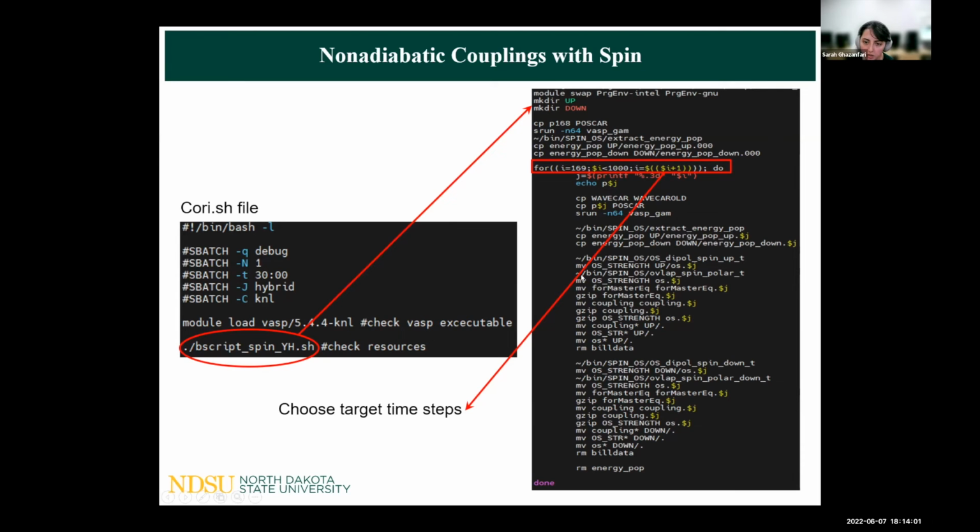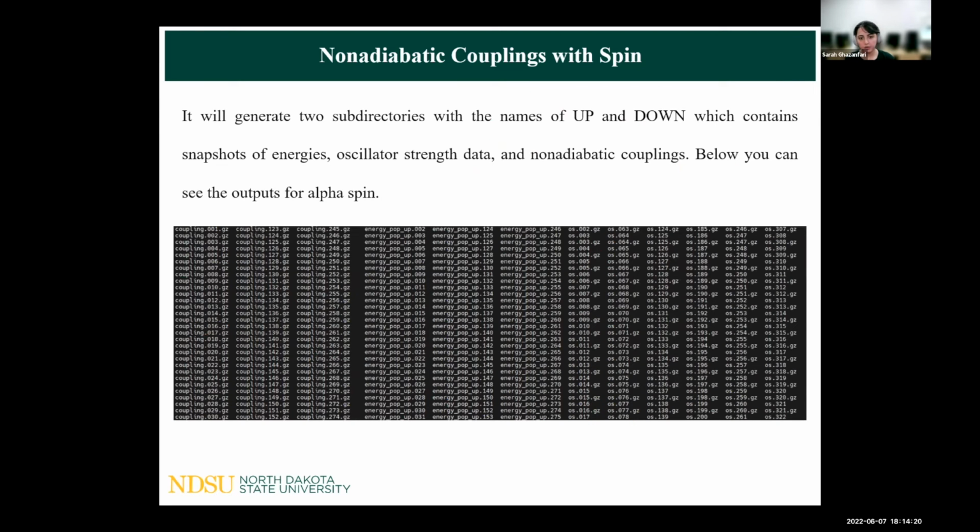The top part is for the spin up and this part is for the spin down. So it automatically extracts the energy pop files for the spin up and spin down, and does the calculations for each spin component. If everything goes well, you can see the coupling files generated in each directory for spin up and spin down. The data for the different spin components are different from each other. They are not the same.